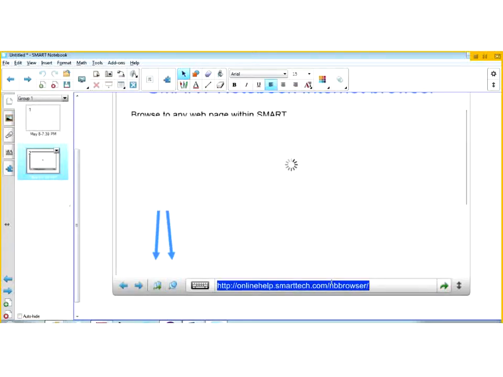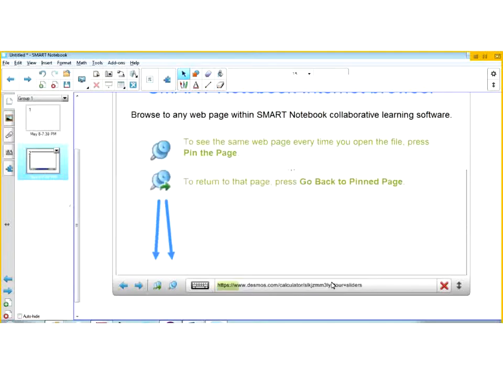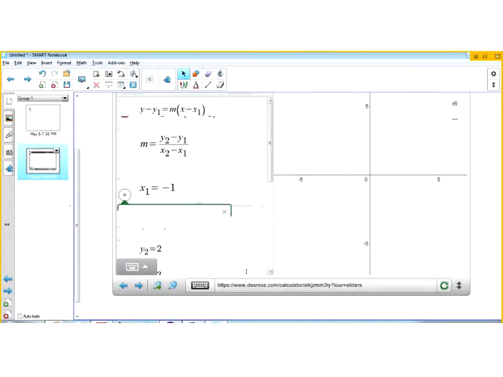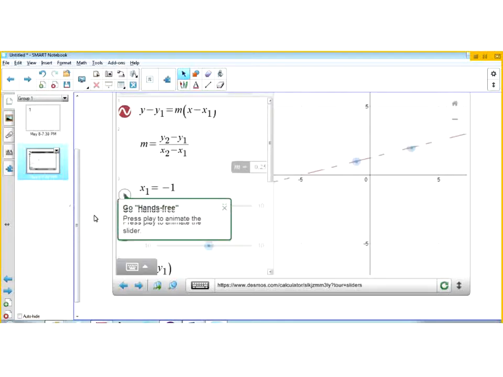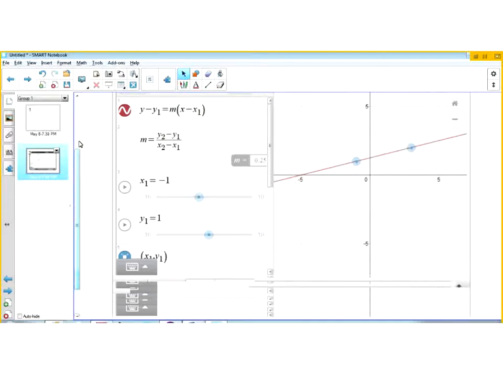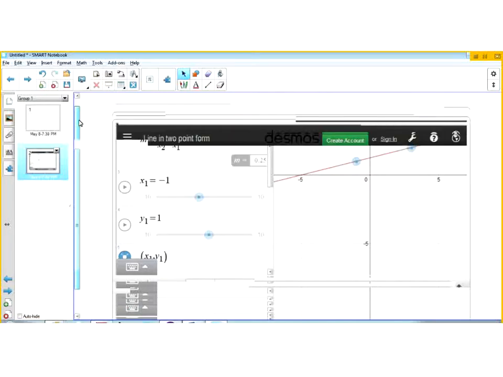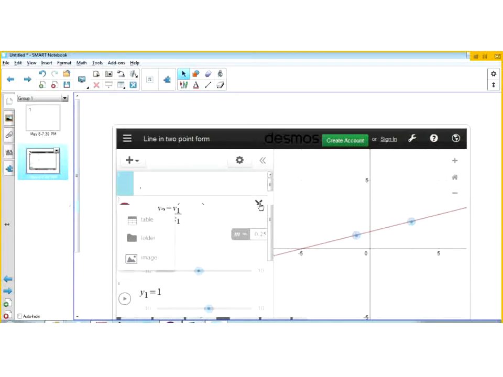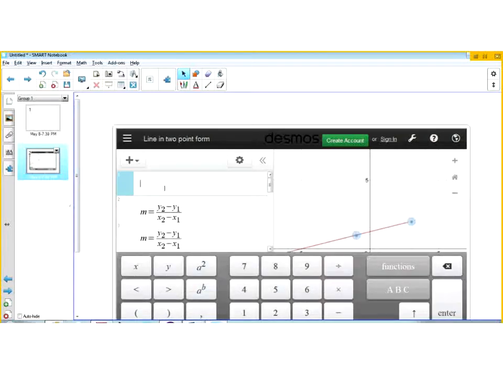Insert Internet browser, and let's put the link back in. Okay, so let's not quite ready for that one yet. Okay, so let's add item, an expression.